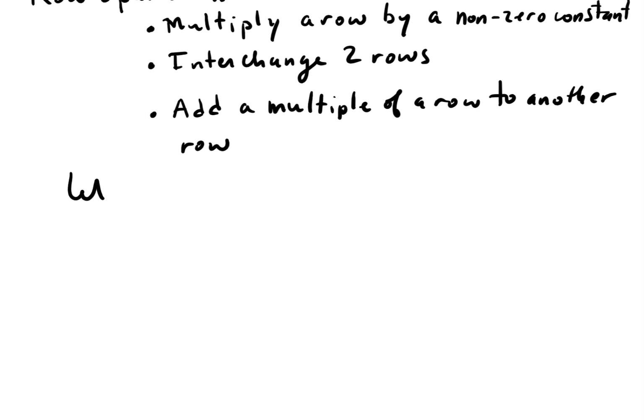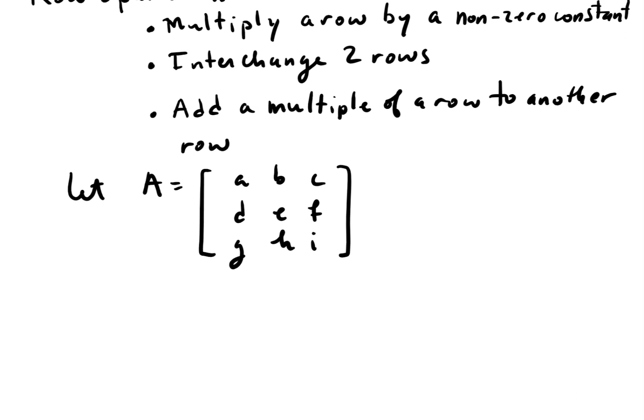So I'm going to say that I have a 3 by 3 matrix, A, B, C, D, E, F, G, H, I. And let's say we want to replace row 1 by row 1 minus 3 row 3. So I'm doing the third type of row operation listed up there.